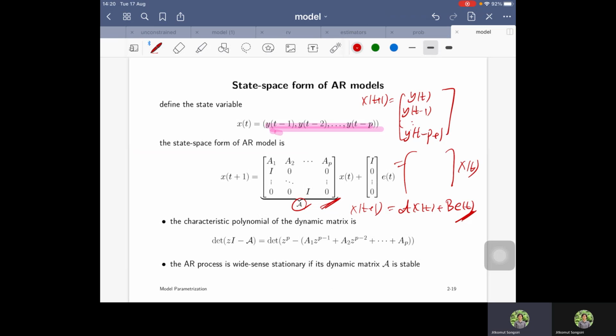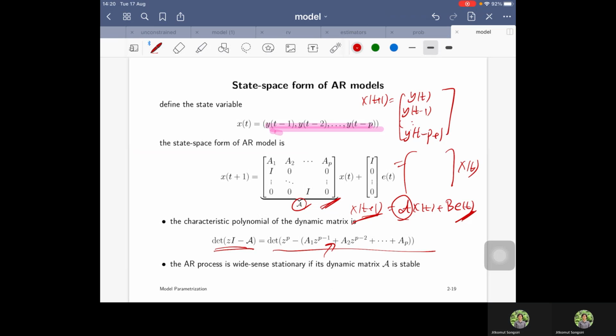And of course, from linear control system theory, the behavior of the state variable solely depends on the eigenvalues of A, and the eigenvalues of A can be solved from the characteristic equation, the determinant of zI minus A. If you expand it out, it turns out to be the determinant of this matrix polynomial.